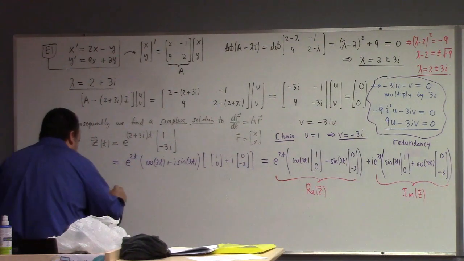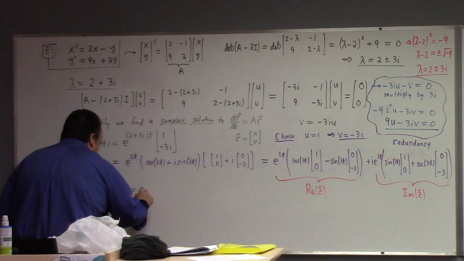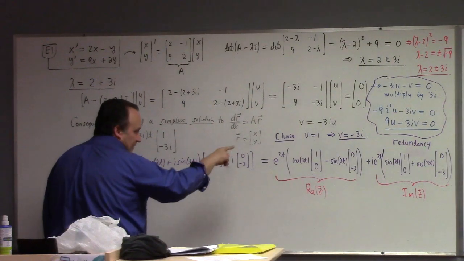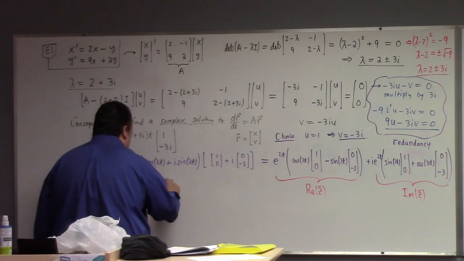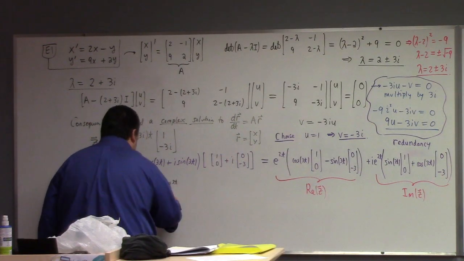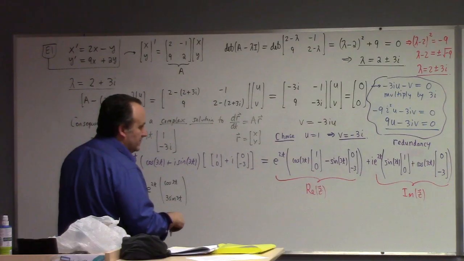I guess I'll write it here. So we've got r of t is c1 e to the 2t. I'll leave that out front. And if I put those together, I've got a cosine 3t and plus 3 sine 3t for that one. I'm just adding it together to save myself some writing, okay?